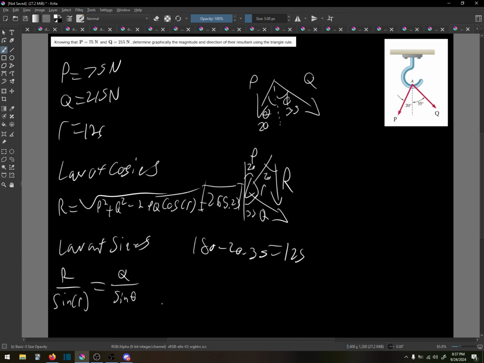So R is 265.23, sine theta equals Q times sine R. Q is 215 sine 125. That's going to be 176.117. And we're going to divide this by 265.23.